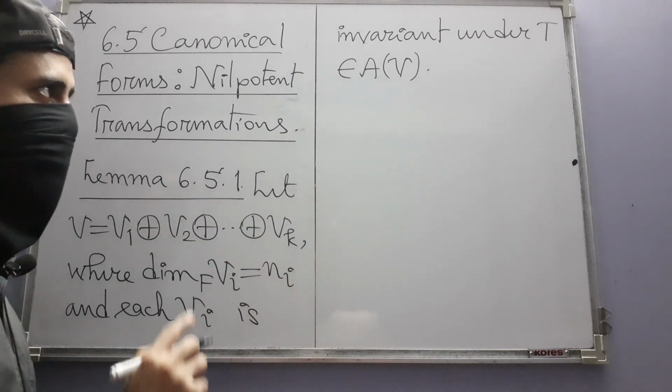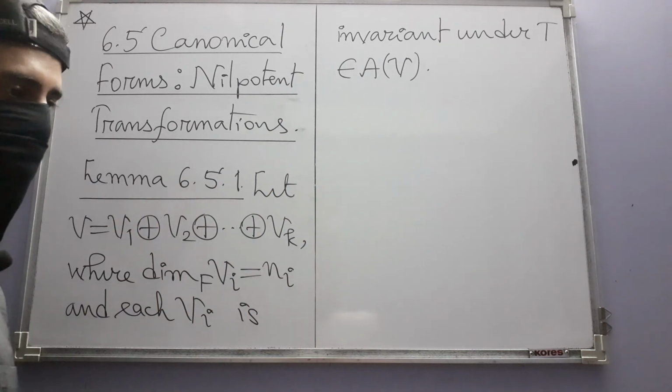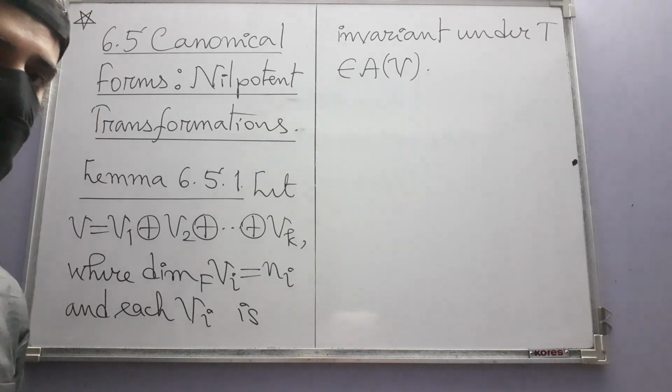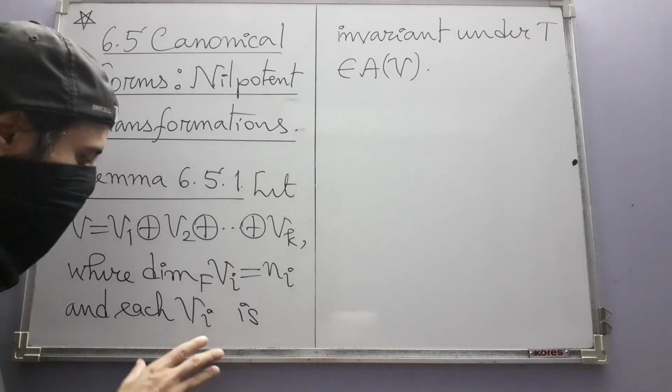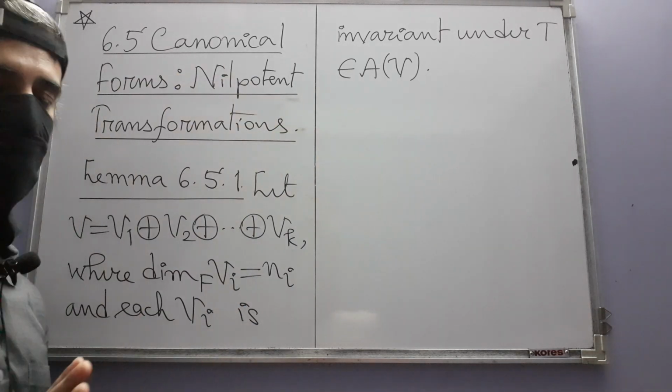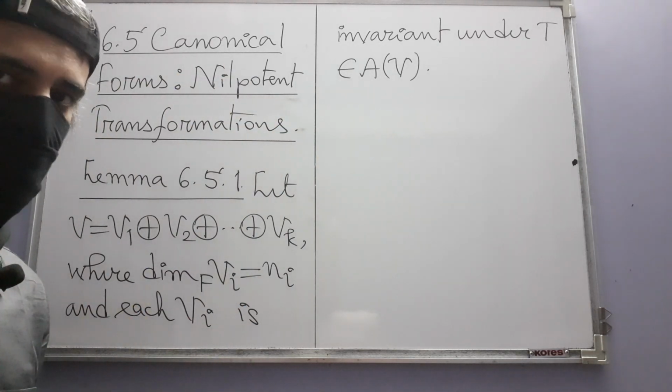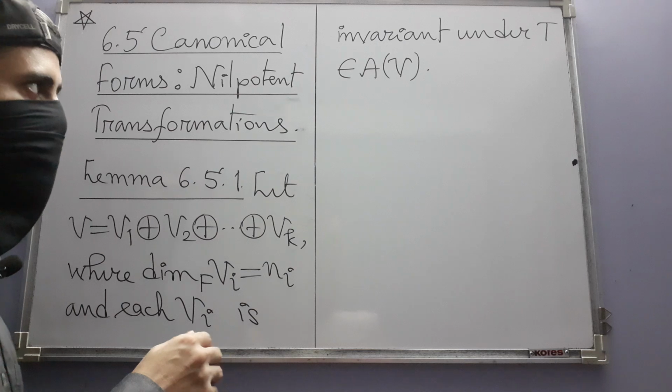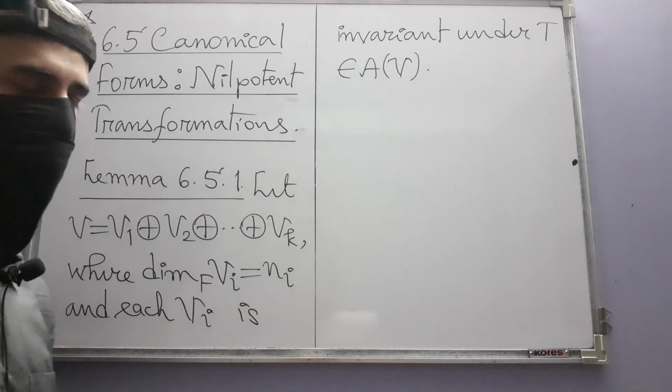That will be the conclusion. But before we write the conclusion, let us just stop here itself and think a little bit about this statement. Each Vi is invariant under T. Does it make sense? If so, what does it mean actually?